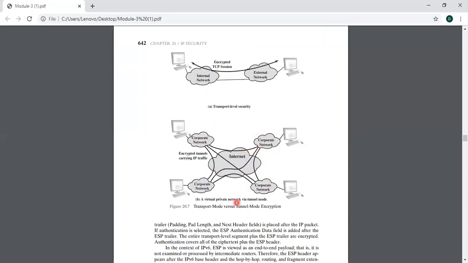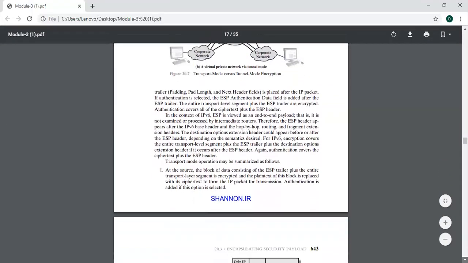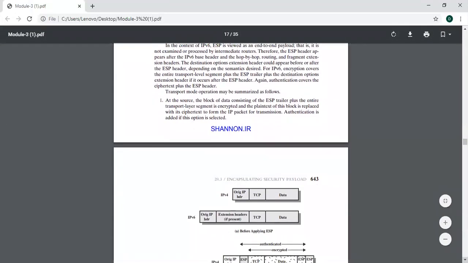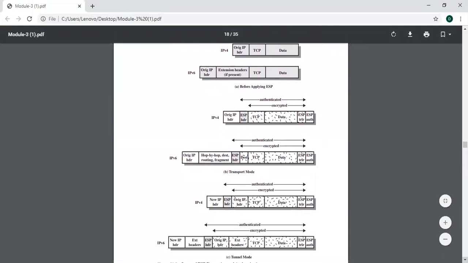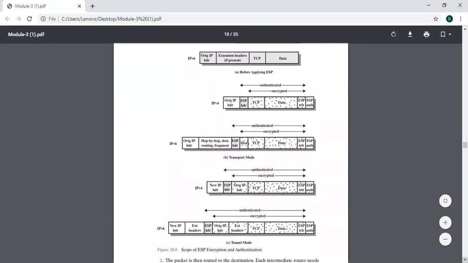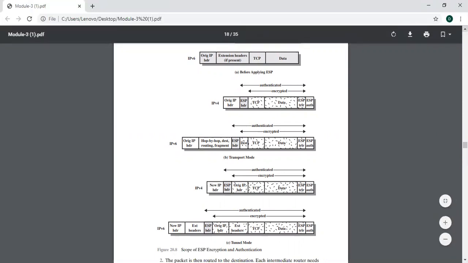So this is the operation of transport mode versus tunnel mode encryption. You can see here this transport mode operation can be summarized with this diagram.